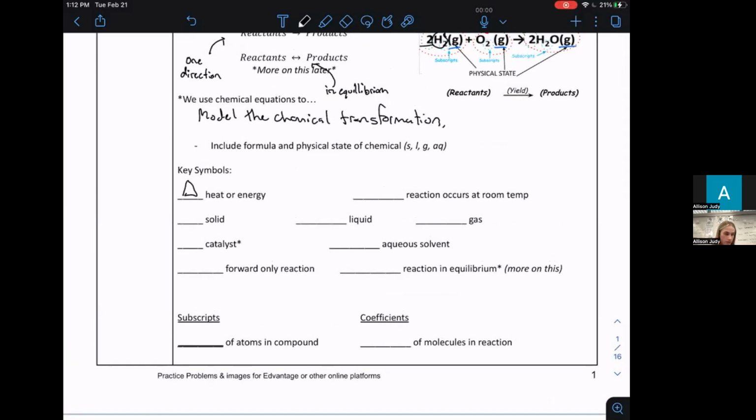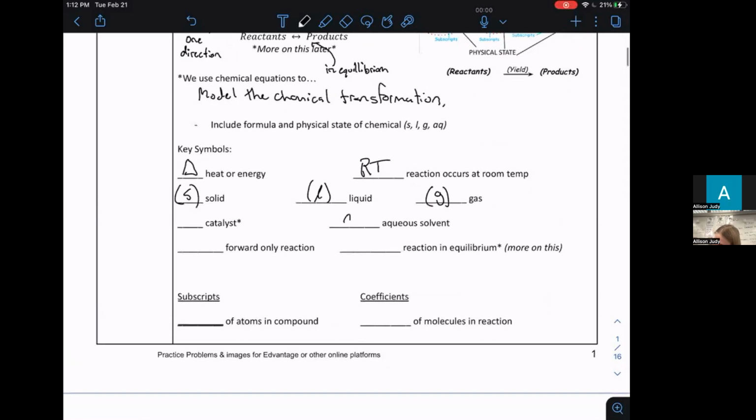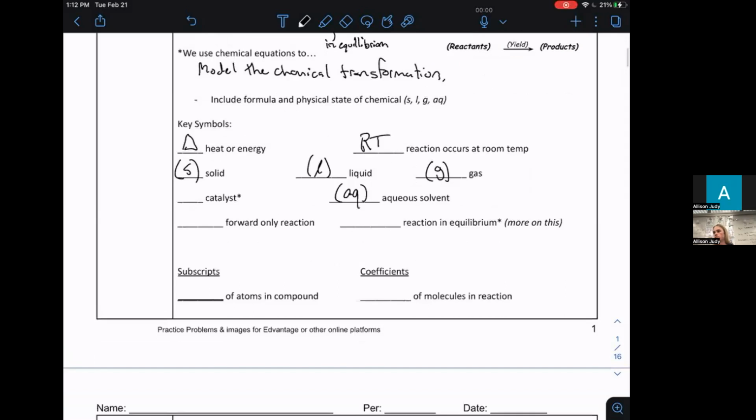Also, if you see RT, that is indicating that the reaction occurs at room temperature. These symbols for states of matter, solid, liquid, gas, are pretty straightforward. And then if you see AQ, that means aqueous solution, or the reactant is dissolved in water.